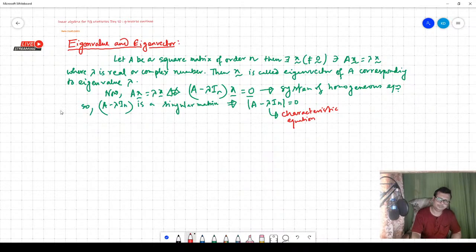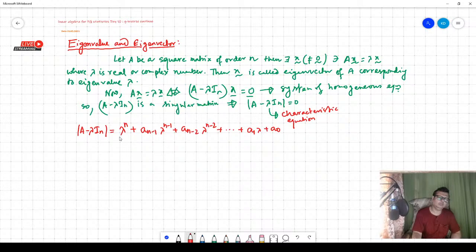and det of A minus lambda I is equal to lambda to the n plus a_(n-1) lambda to the n minus 1, a_(n-2) lambda to the n minus 2, up to a_1.